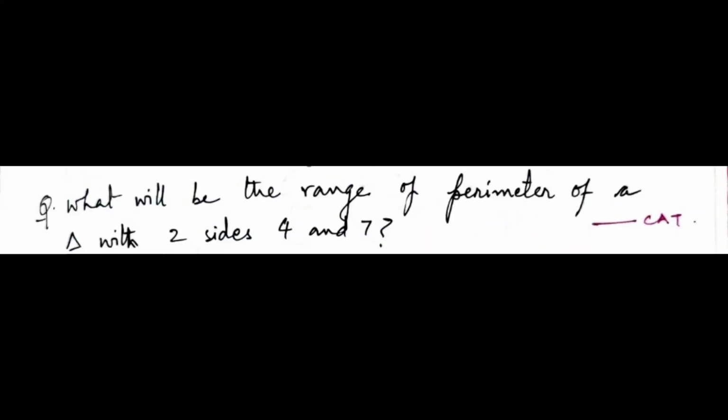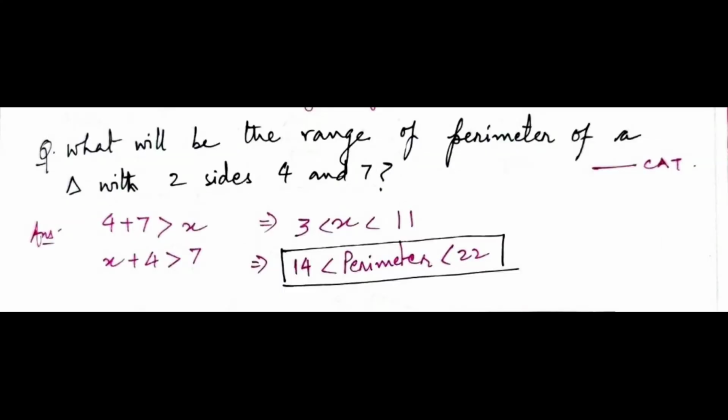Let us take up a question. What will be the range of perimeter of a triangle with two sides 4 and 7? Now, a question similar to this, with the same concept, came in CAT a few years ago. So we know sum of any two sides is greater than the third side, so either 4 plus 7 will be greater than x, which will be the largest side, or x plus 4 will be greater than 7, where 7 is the largest side.